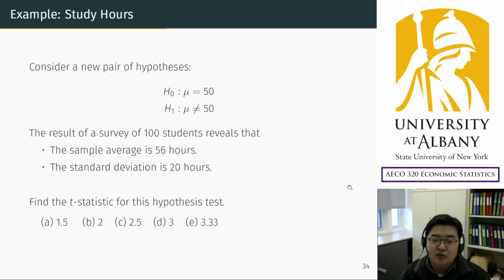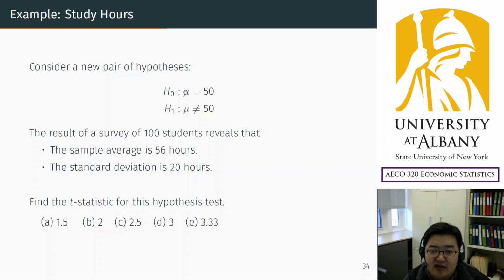So now let me do some exercise. I will change the hypothesis to this. Suppose that I believe you spend 50 hours for the final exam, say. So that is my belief.